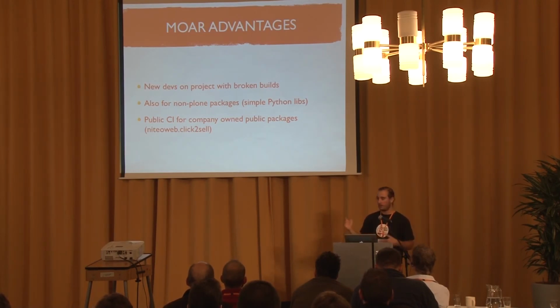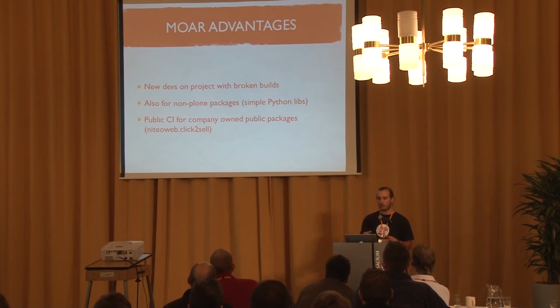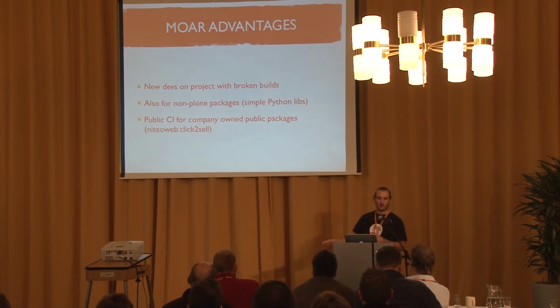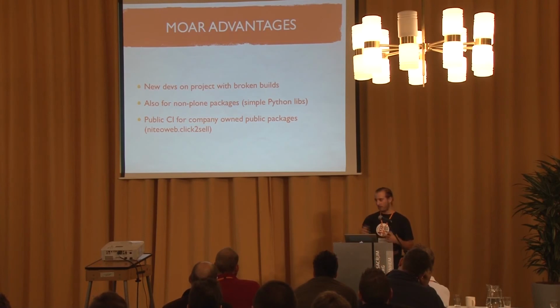But we still want everybody else to use it if they want. And if we get new developers on this project, it's really cool that we can point them to the tests: here are the tests, go check it out. This is why it's broken, this is why it's failing. Before that we had an internal Jenkins installation, and anybody who was an outsider could not access it.